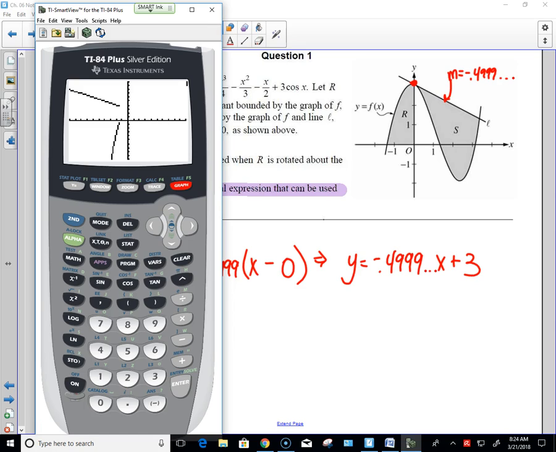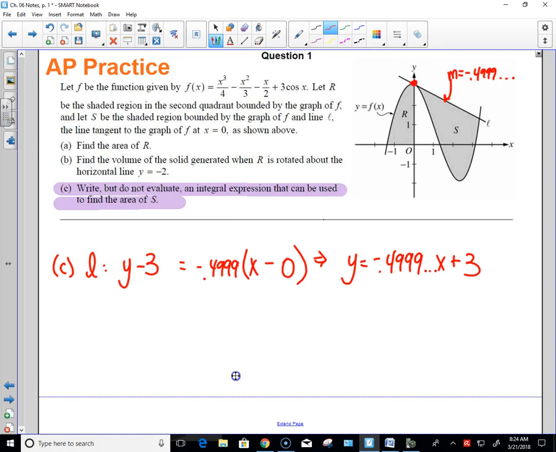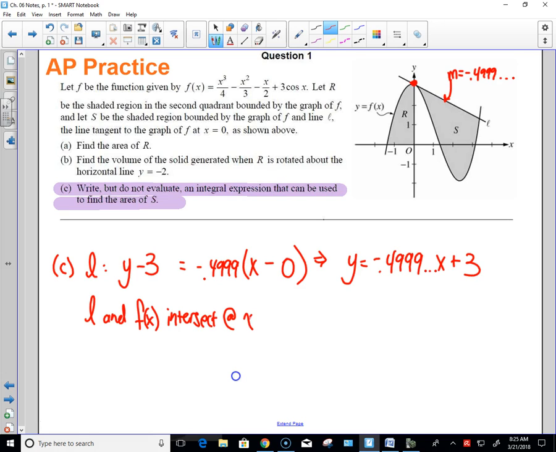Now are you guys good to find the intersections? Okay. And we already knew one of the intersections. What was one of the intersections already? 0. And then what did you guys find your second intersection to be? So we can go ahead and say L and f of x intersect at x equals 0.